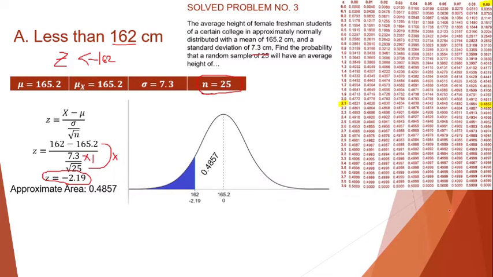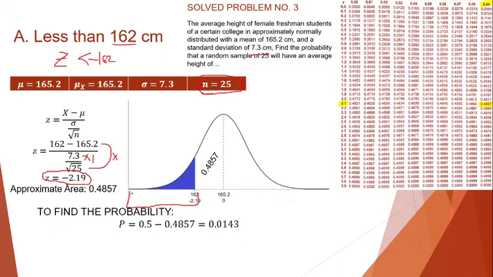But our target is to find the area. How to find the probability? To find the probability, since the whole measure of this is 0.5, then for the whole measure of this, ito ay 0.5 din, di ba?